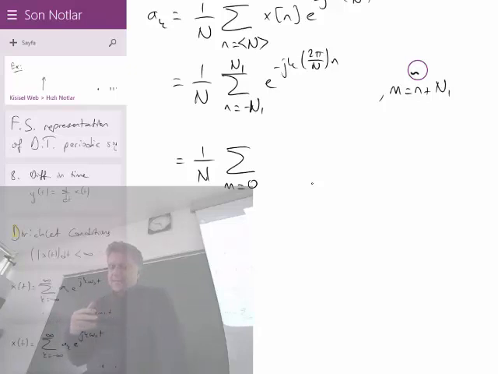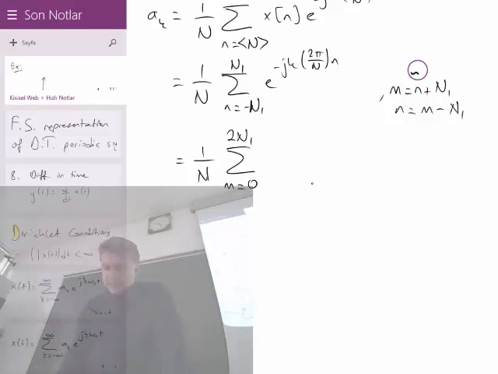If I add n1 to the upper index of n1, it would make 2n1. So it's now from 0 to 2n1 with the new variable. But of course this n must be, n is equal to, as you see, m minus capital N1. So I have to replace wherever I see n by m.